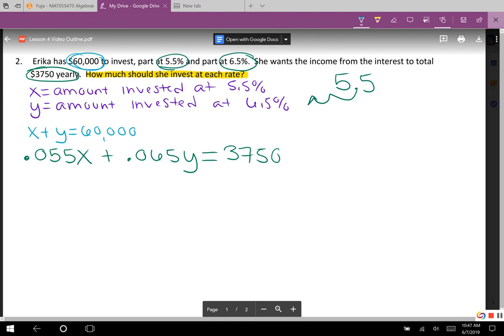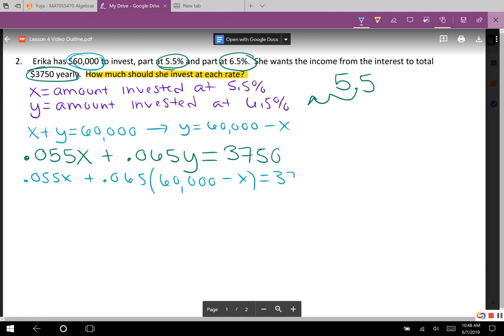I can use substitution or elimination. Let's see, maybe this time I'll use, how about substitution? So I can take that first equation, I'll subtract the x to solve it for y, and then I'm going to plug that into my second equation. So I'm going to replace this y with 60,000 minus x. And then we can solve this. We can get rid of parentheses and combine like terms.